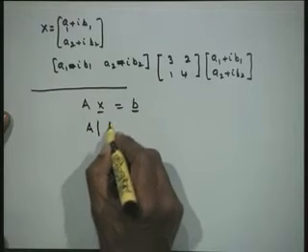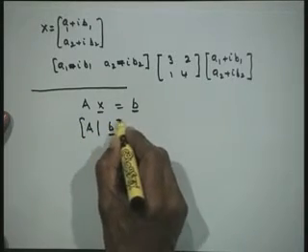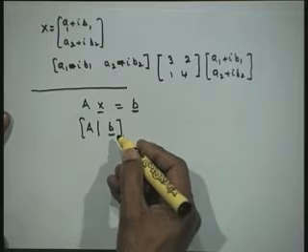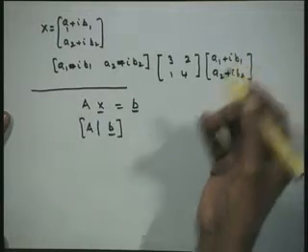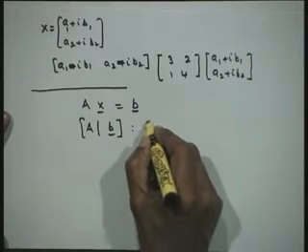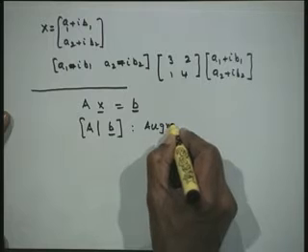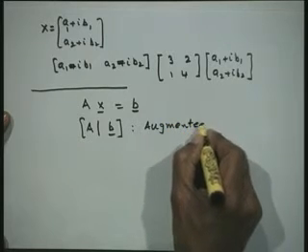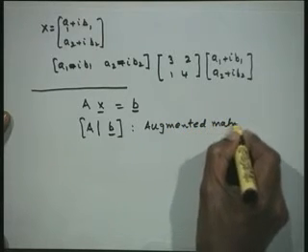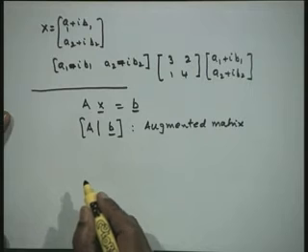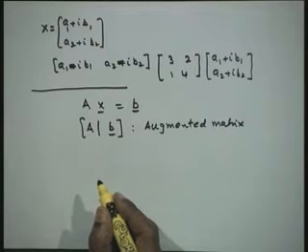Therefore, we shall use only the matrix A and the right hand side vector, and discuss how to solve this problem. Whatever solution we get is the physical representation of the problem. This matrix I shall call the augmented matrix, that means A is augmented by the right hand side vector B.